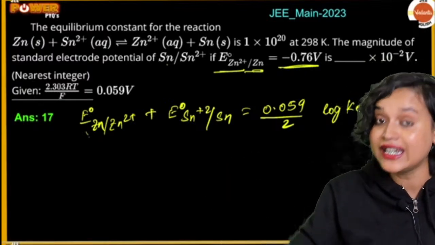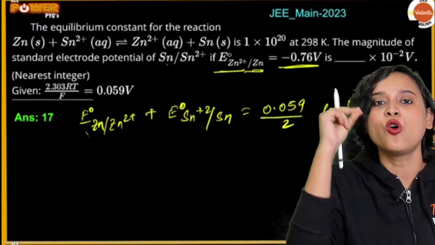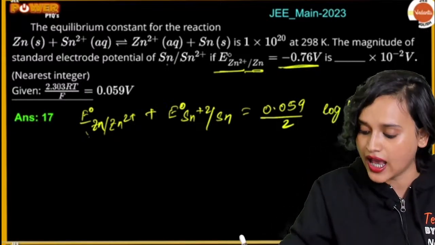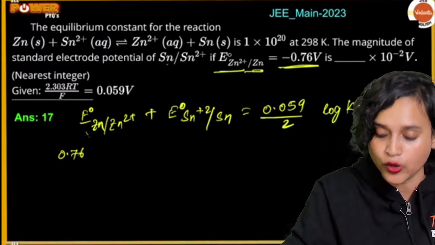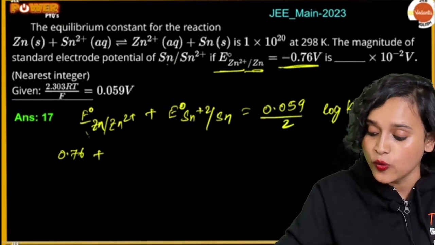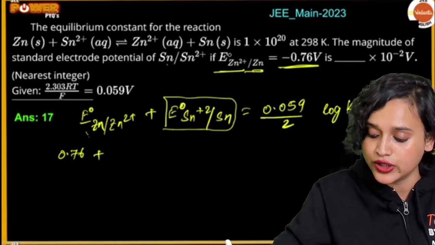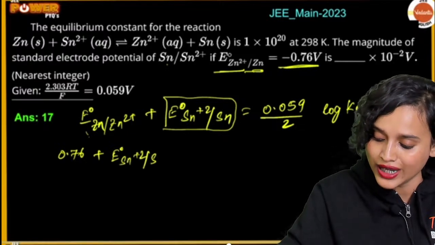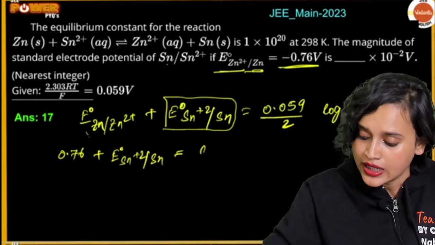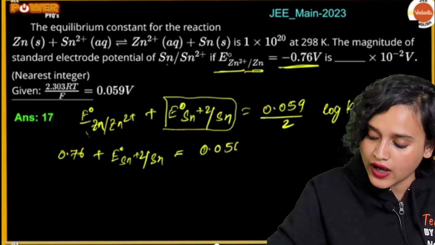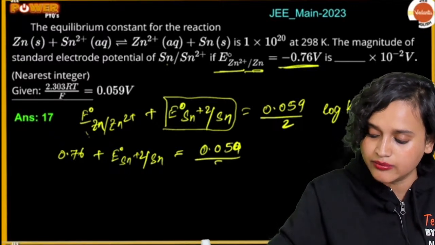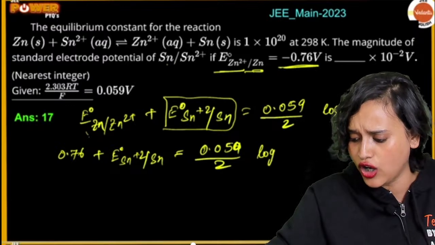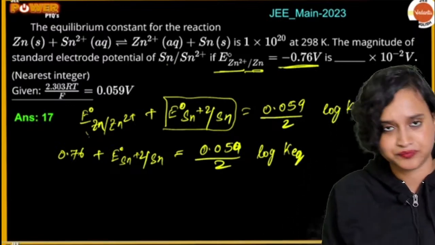We have written Zn to Zn2+. That means all we have to do is change the sign and we will write it as 0.76 plus. We do not have this value, so we will write it as it is. E naught Sn2+ to Sn is equal to the same 0.059 divided by 2 log KEQ.